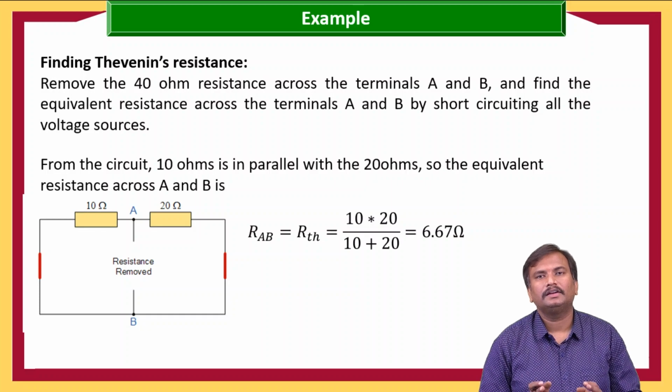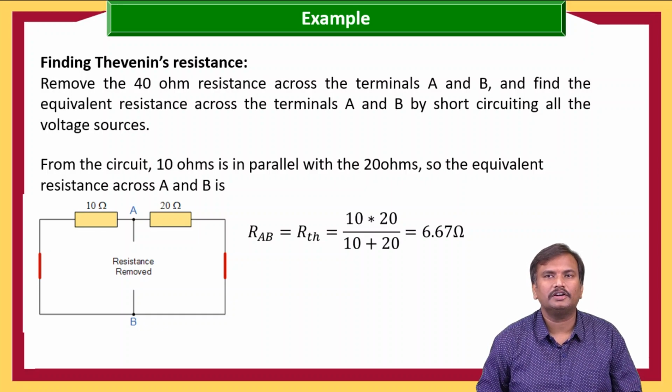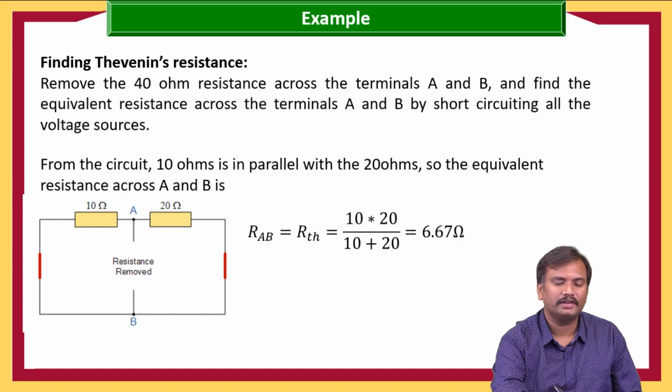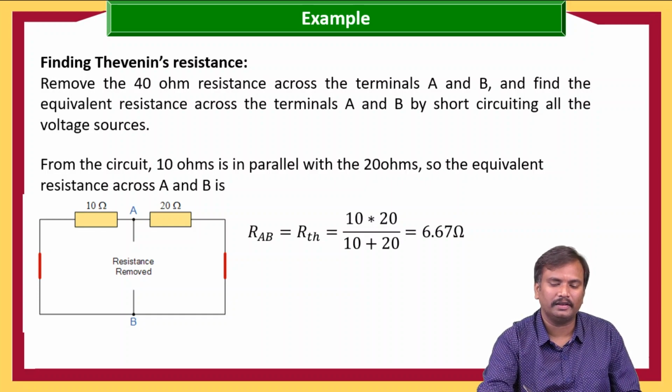In this circuit we have only two voltage sources, so we replace both the 10 volt and 20 volt sources with short circuits.